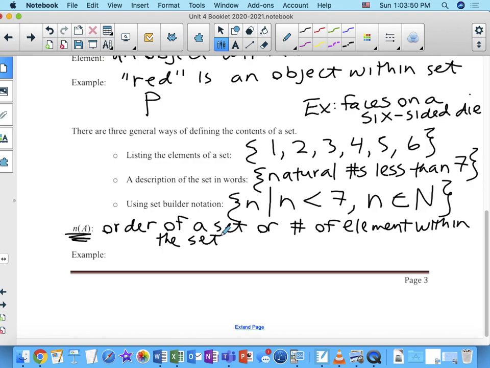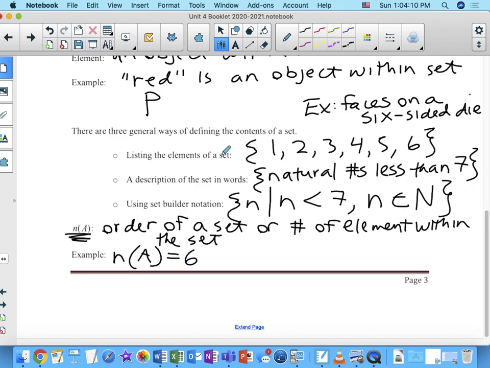Okay, so for this set above, if we called this set set A, the number of elements in A is 6, because there are 6 different numbers that you could get on a 6-sided die.